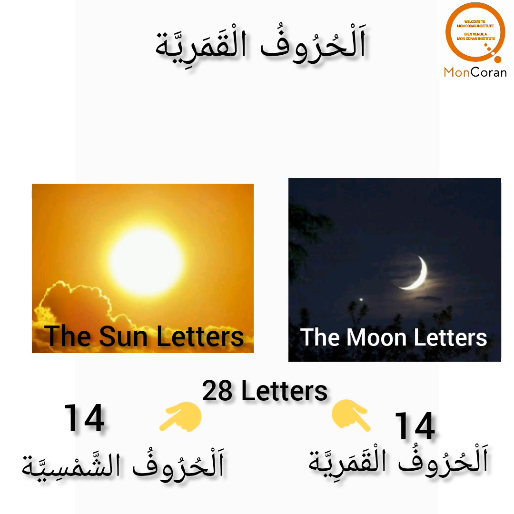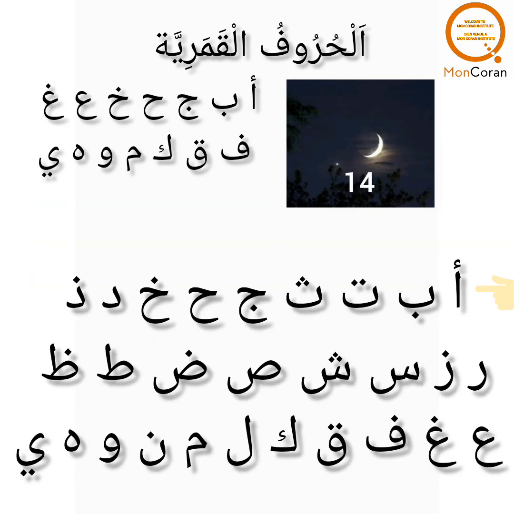So when you say al-huruf al-qamariyya, which means the moon letters, there are 14 letters in it. And what are they? To identify them easily, let's write out all the 28 letters accordingly, from alif all the way to ya. So in this alphabet altogether, we can select them easily.